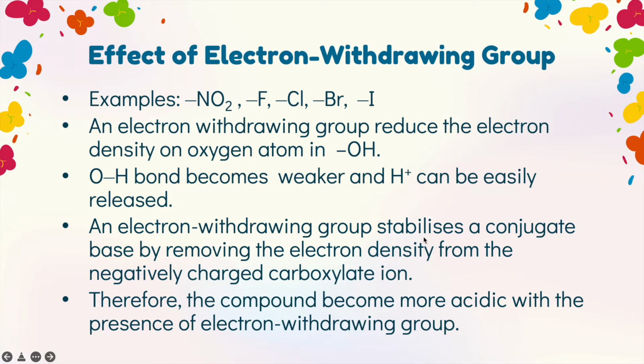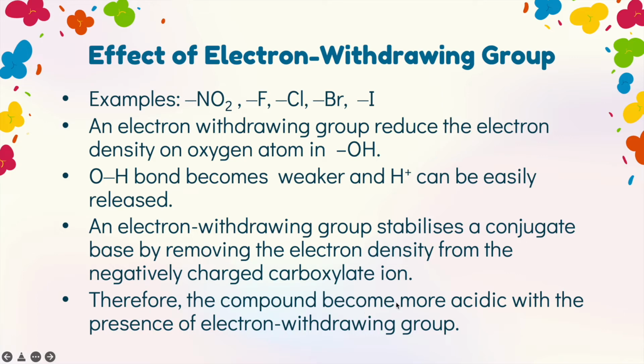An electron withdrawing group stabilizes the conjugate base by removing electron density from the negatively charged carboxylate ion. So the conjugate base is COO-. The electron withdrawing group will attract the electrons towards itself from COO-.